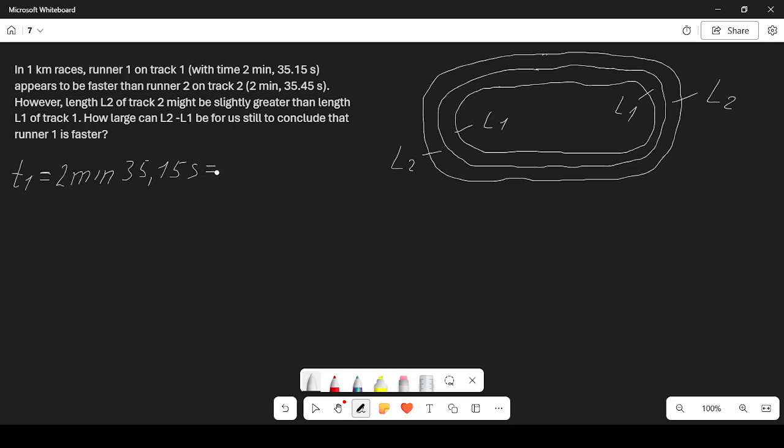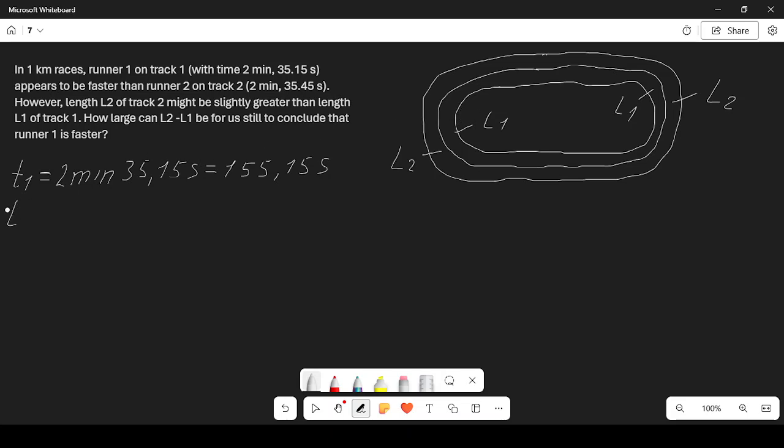Let's present it in seconds. 2 minutes is 120 seconds. So this is 155.15 seconds. It's the time of runner number 1, how he ran this distance in the competition.